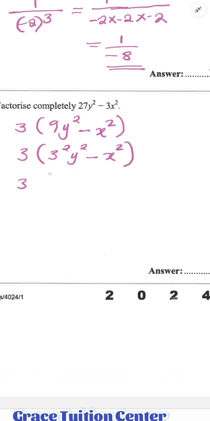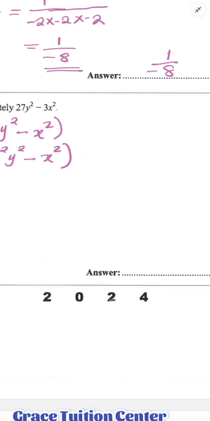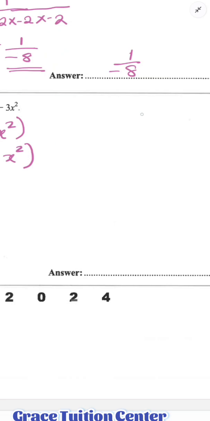So this expression now becomes, I can use the rule of indices, which says that if you have x to the power n and y to the power n, this can be written as xy to the power n, like that.